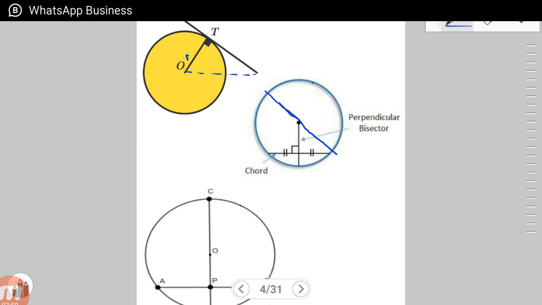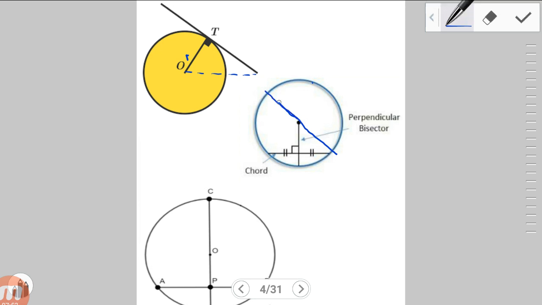This diameter is not perpendicular to the radius, so we can't say that this is 90. The key word in understanding this theorem, and a lot of students get it mixed up, is that once they see that the radius touches any chord, it's not just any chord, this chord has to be perpendicular, meaning that it has to be vertical or horizontal.